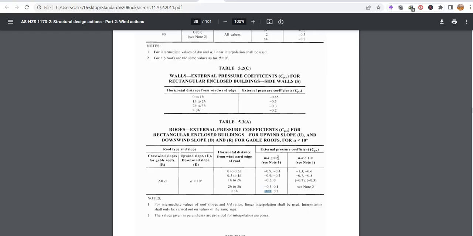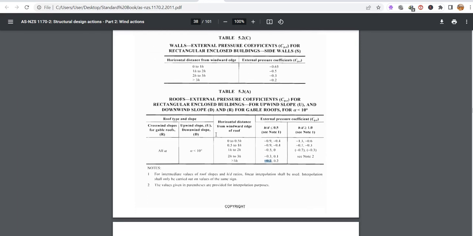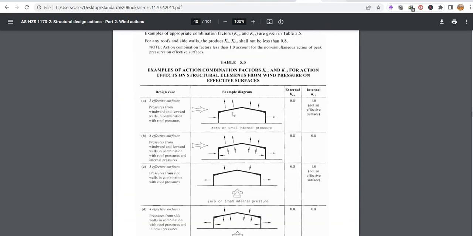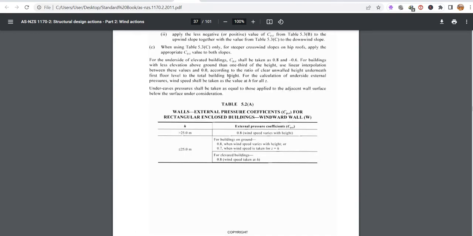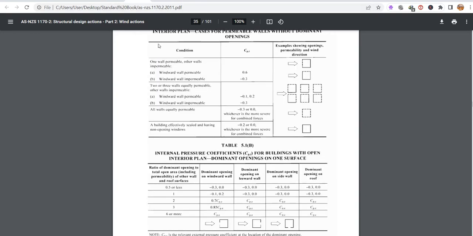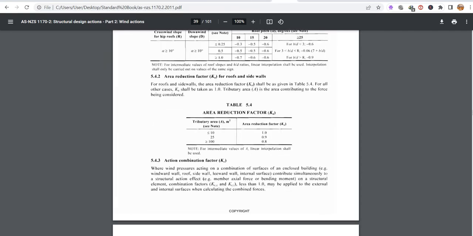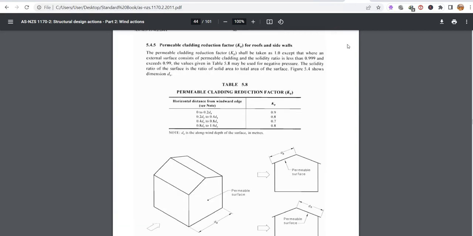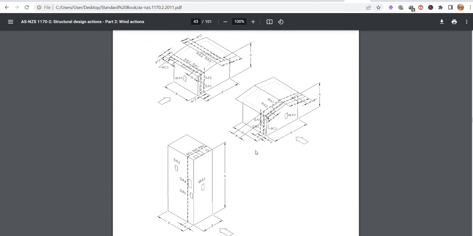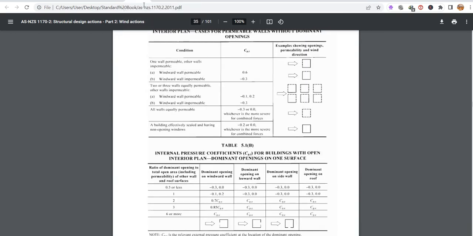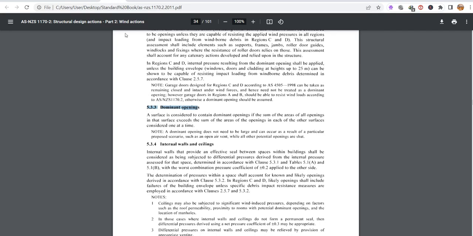So go back to the code. Here it is. Negative, let me show you. This is the negative. It means away from the surface. If it is positive, it is towards the surface. Here, when you see a negative sign, it means it is away from the surface. When a positive sign, it means it goes towards the surface.